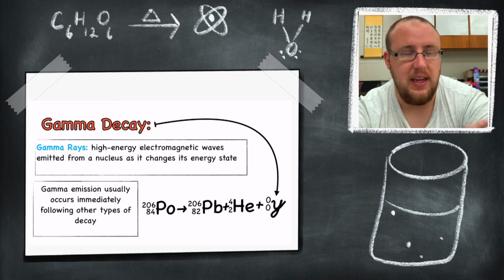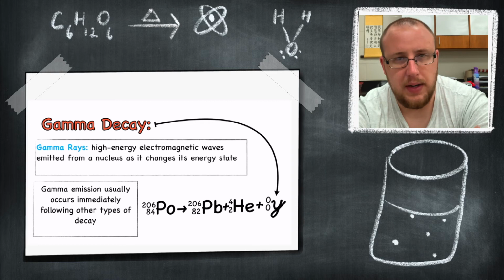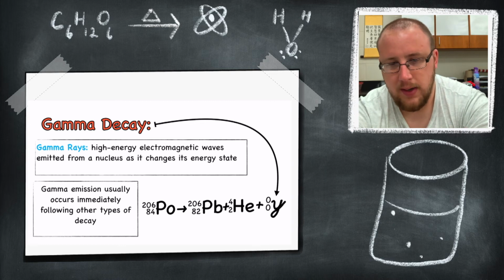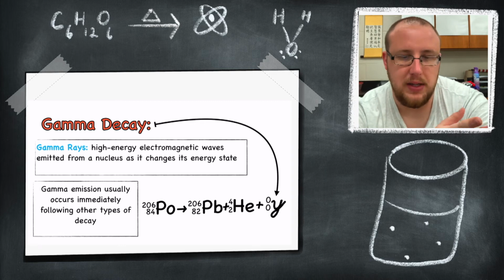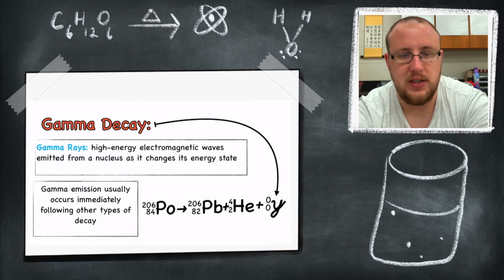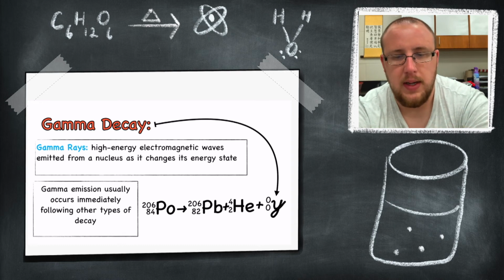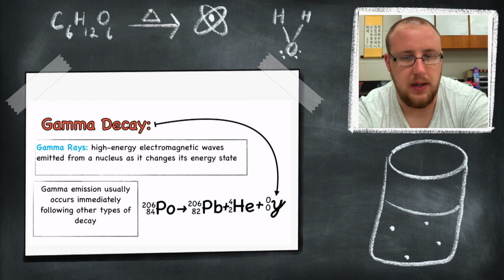Okay, key thing with gamma decay is this emission usually occurs immediately following some other type of decay. It does not affect the overall numbers involved. It's just saying, hey, there was this energy release. That's just being a more accurate equation. So for instance, we have our polonium alpha decay problem again.